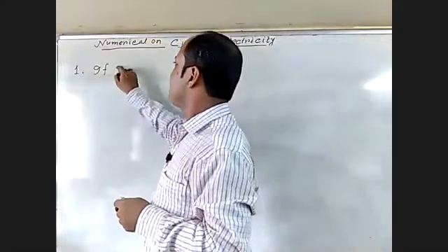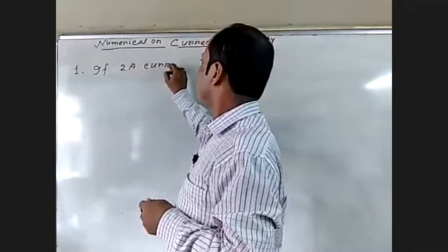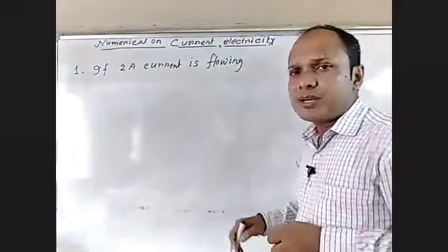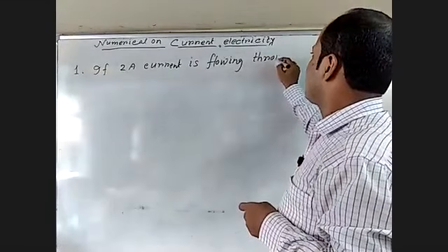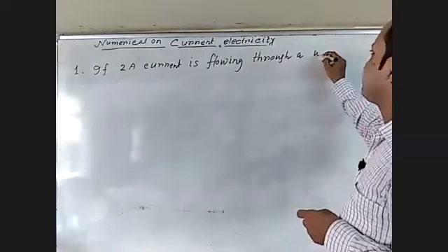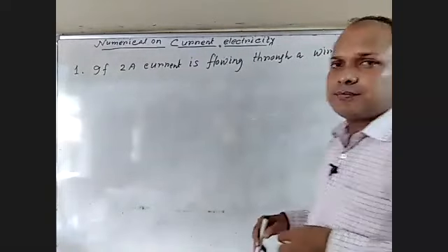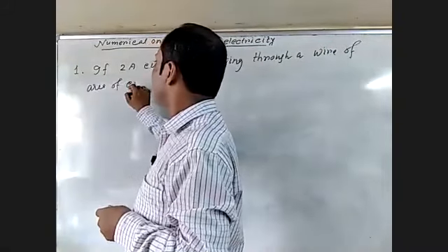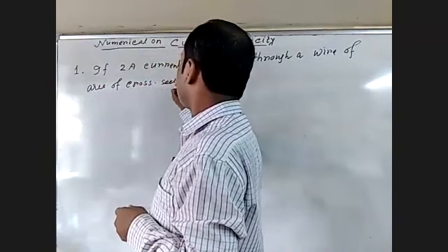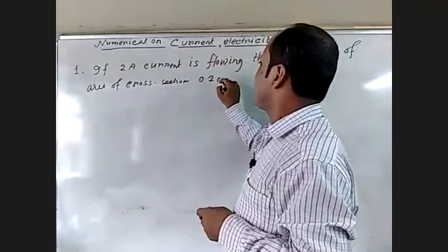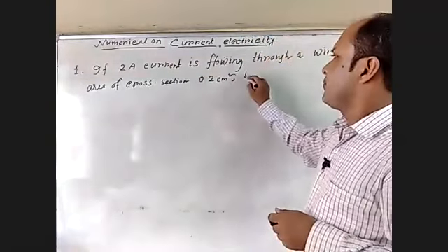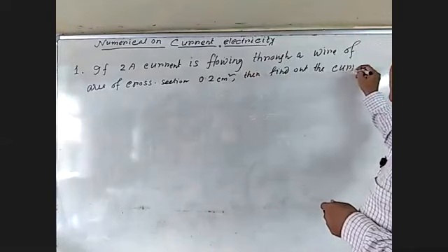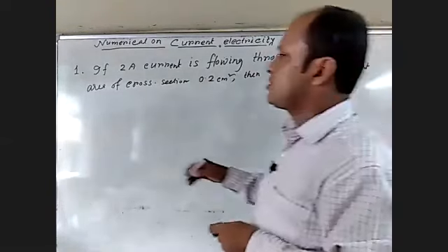If 2 ampere current is flowing through a wire of area of cross section 0.2 centimeter square, then find out the current density.